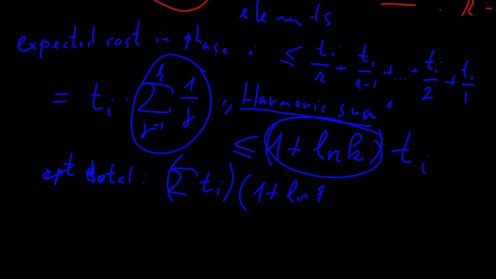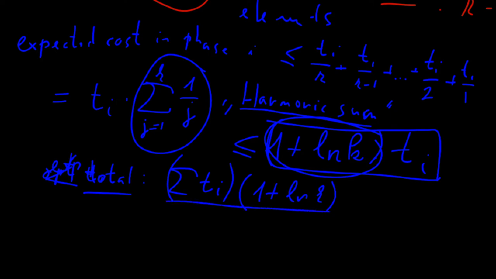K is a fixed value, the size of the cache. So if in the first phase I pay this factor times t1, in the second phase I pay this factor times t2, and so on. So for the total expected value, I pay this amount.